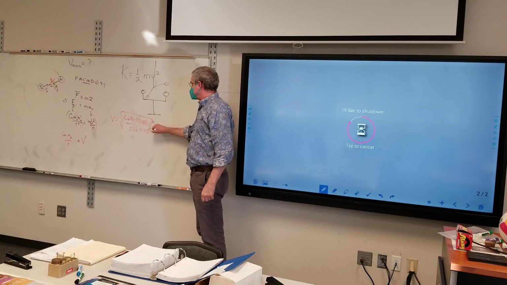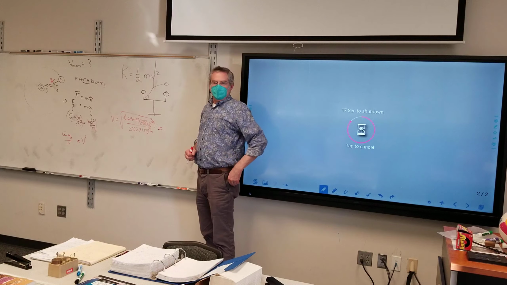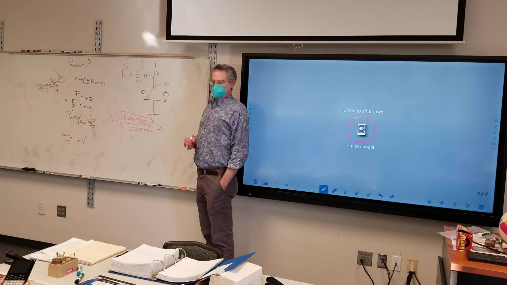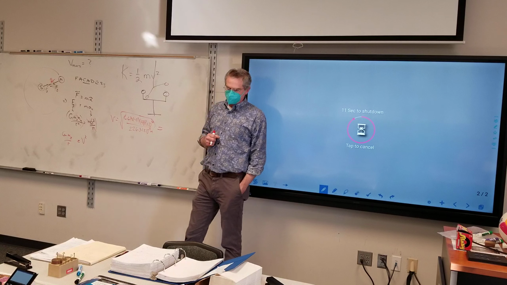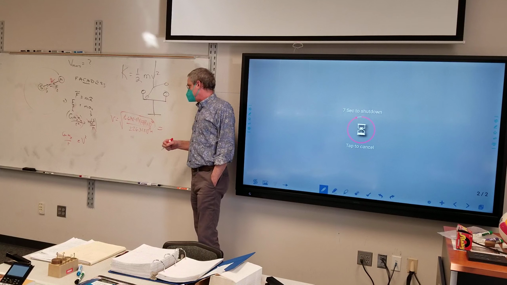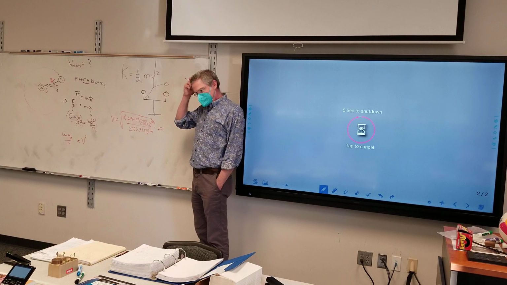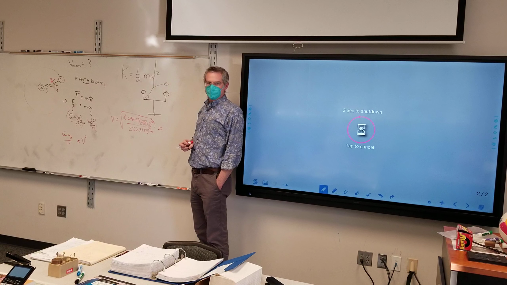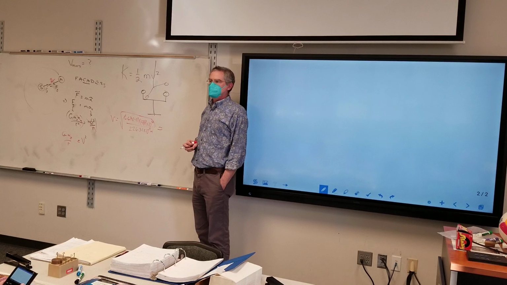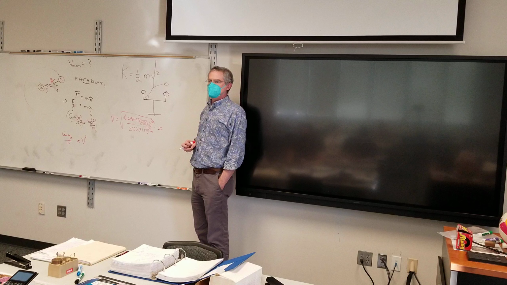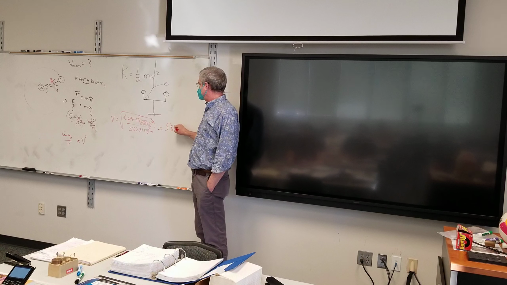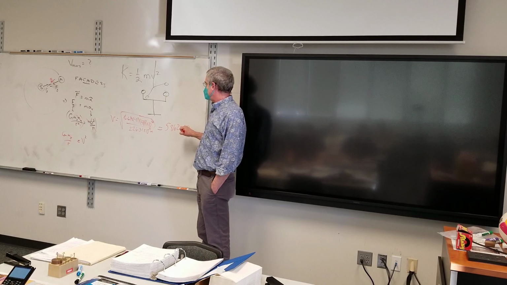Okay, give me a second. 6.67 times 10 to the negative 11 times 1.9 times 10 to the 30 over 10 to the 9. 5.862 times 10 to the 30 meters per second.